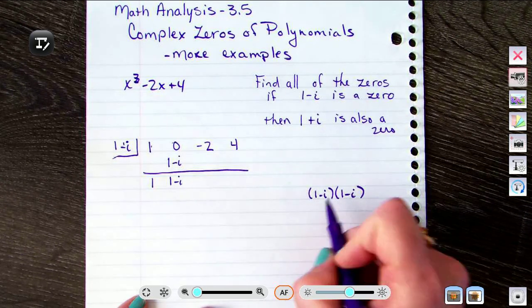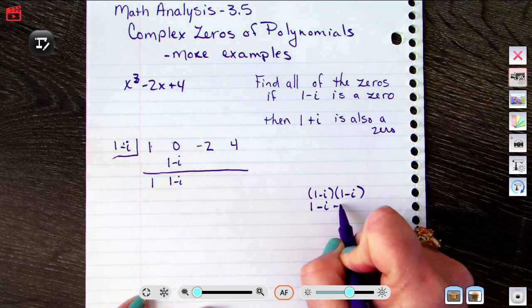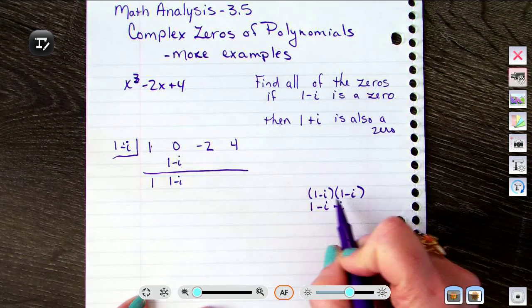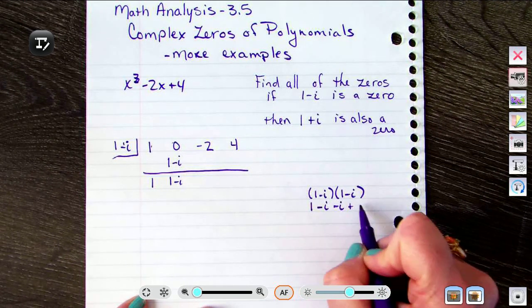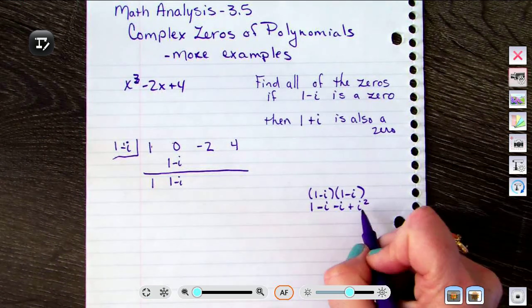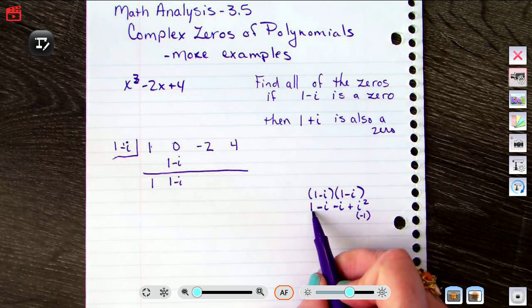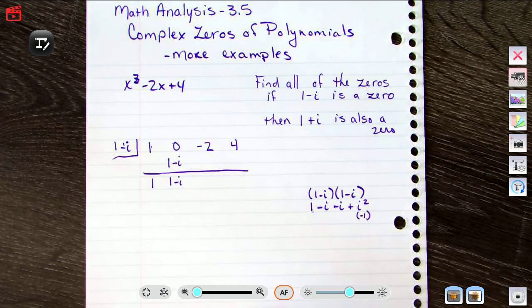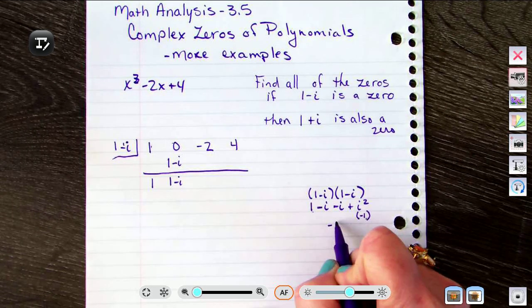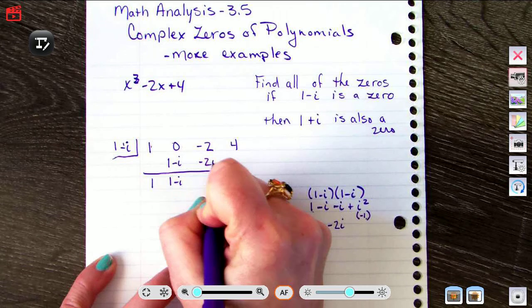So 1 times 1 is 1. My outers, my inners, and my last, that gives me i, that's a positive i squared. Now I have to remember that i squared is negative 1. So my plus 1 and my negative 1 cancel each other out, and I'm left with just negative 2i. So that's going to go here.